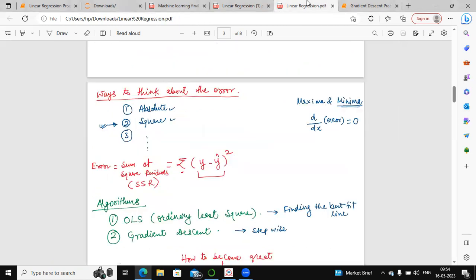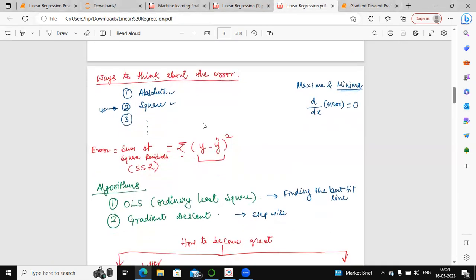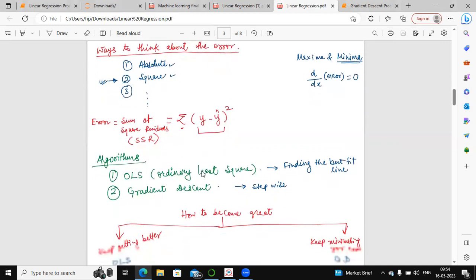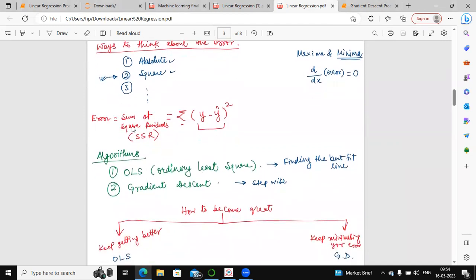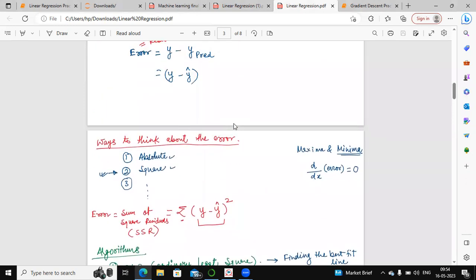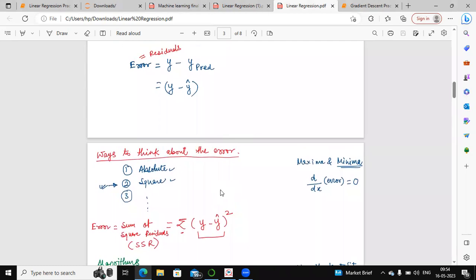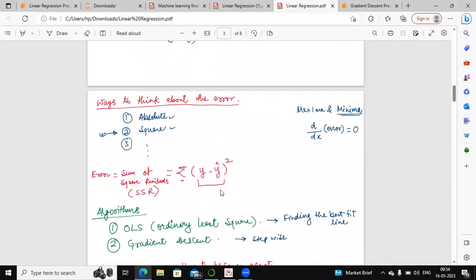So let's see the notes part. I have already told you we are calculating the sum of squared residuals. For error, we find the sum of squared residuals, that is (y actual minus y predicted) squared, and then sum all the errors.